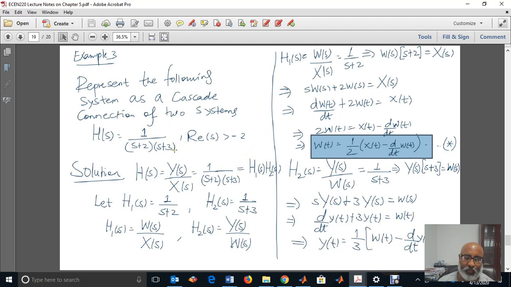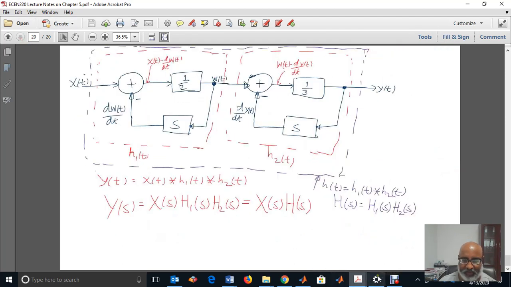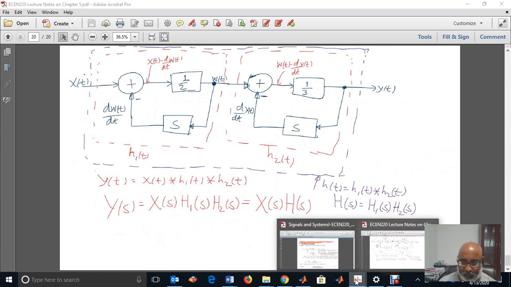The addition of the two will give me y(t). y(t) is y1(t) plus y2(t), and you can try to do this by yourself as a practice exercise. So that's it about transfer function, block diagram, and differential equations.